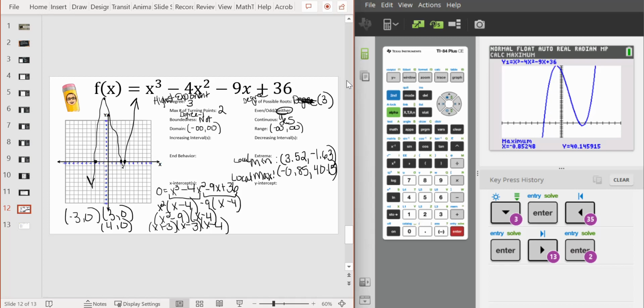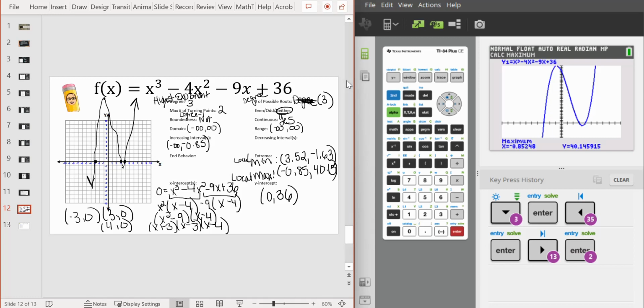My y-intercept: plug in 0 for all of my x's, and it looks like it to be 36, because 0, 36, right? Increasing intervals. Now, this guy's kind of different. It looks like we started increasing at negative infinity, and then we stopped increasing right here, which is the x value of our maximum, so we stopped increasing at negative 0.85. I know, kind of weird, right?